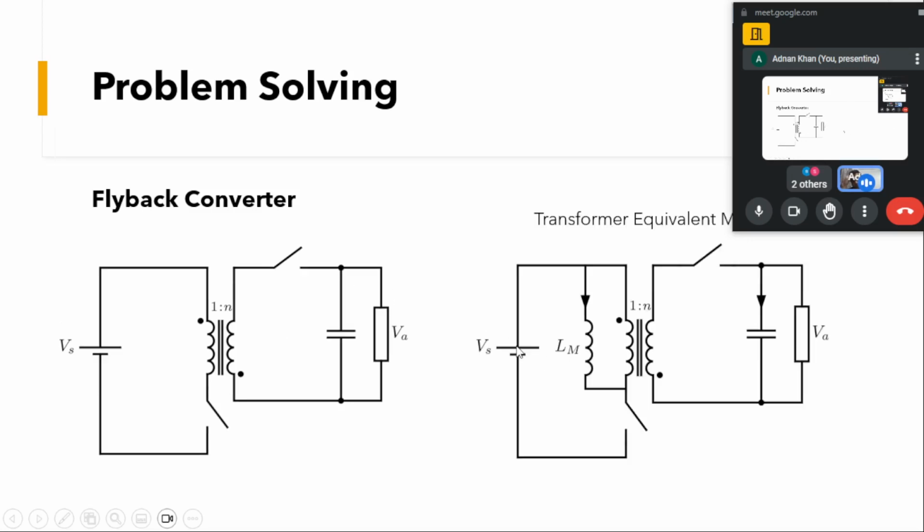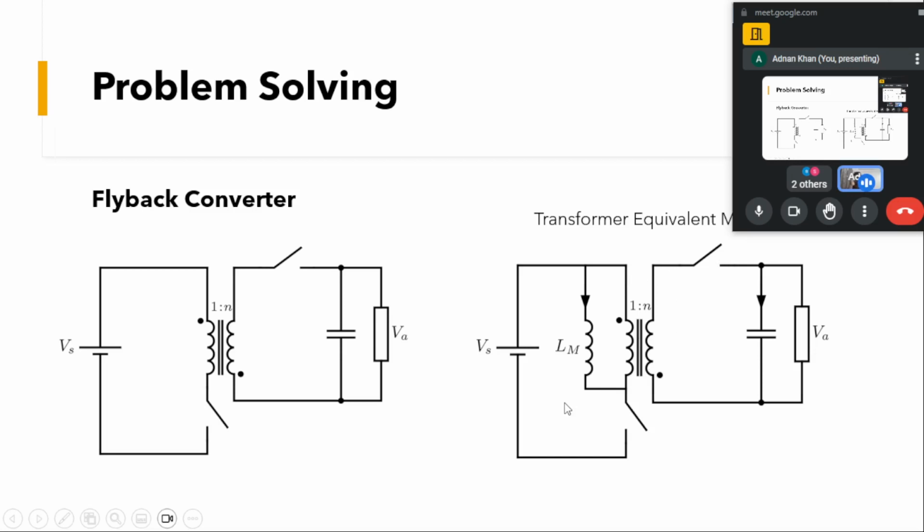So we get the equivalent transformer model of this, and it is represented in this way: the primary, which stores the energy, is represented by this magnetizing inductance in parallel to the primary, and the secondary is shown here.